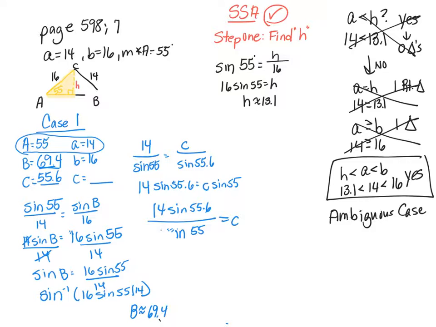So let me put that in again. 14 sine 55.6. I'm going to close that parentheses and divide by sine of 55. Yeah, that's 14.1. I didn't close that parentheses a while ago. You see how close that measure is to the 14 there? So that's case 1. We have 2 cases.